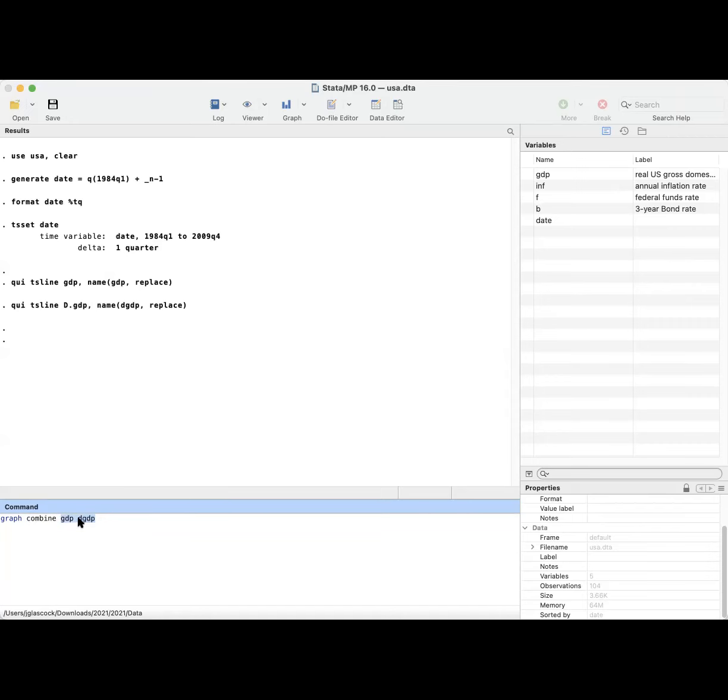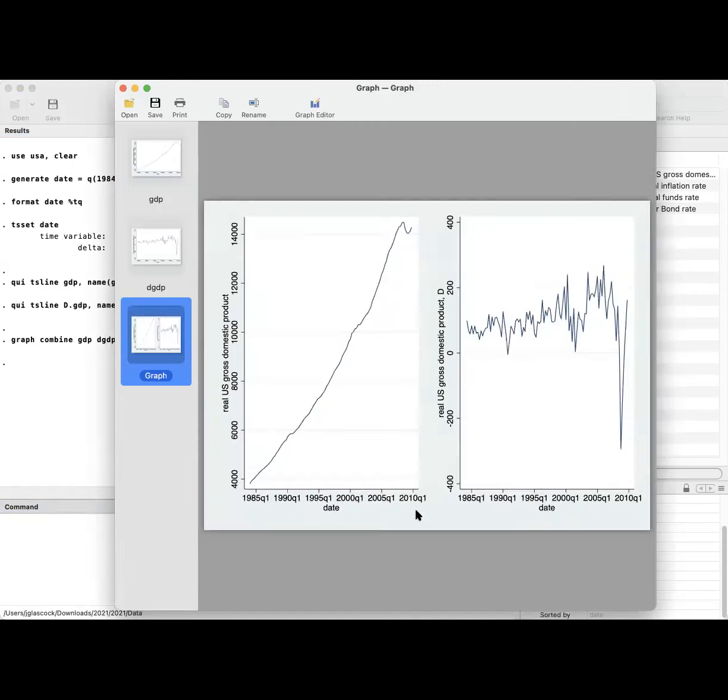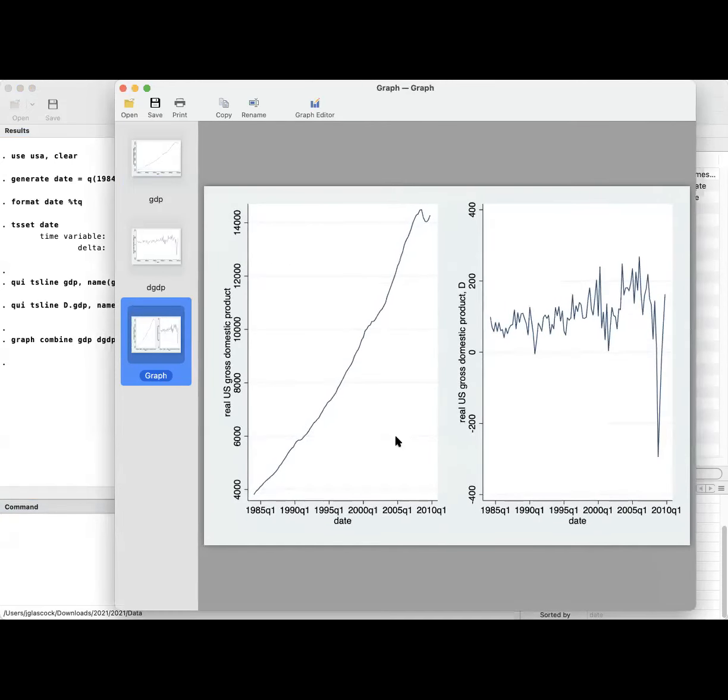One is called GDP, another one is DGDP, that's the first difference of GDP. So if you submit this line, Stata will generate the chart for us. We have the GDP one on the left-hand side and the first difference of GDP on the right-hand side. So it's easier for you to make a comparison.